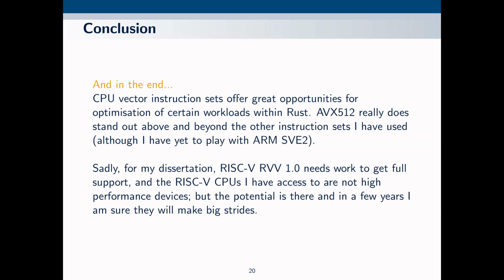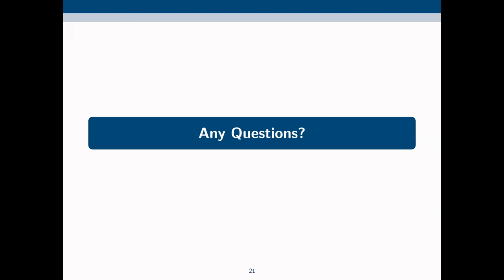I've not been able to get a machine to play with ARM SVE2, which is their newest vector instruction set. And sadly, my dissertation is about RISC-V, and this just didn't cut the mustard, I'm afraid. So it's been an interesting delve into what Rust can do, but sadly, in the end, that was it. So that's my experience, and there we go.